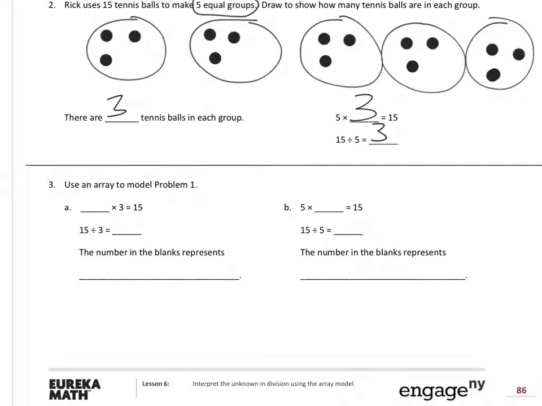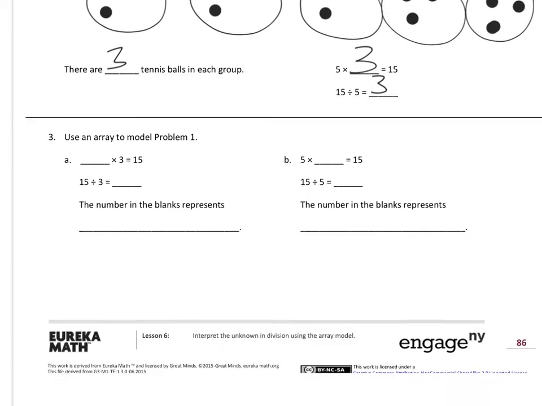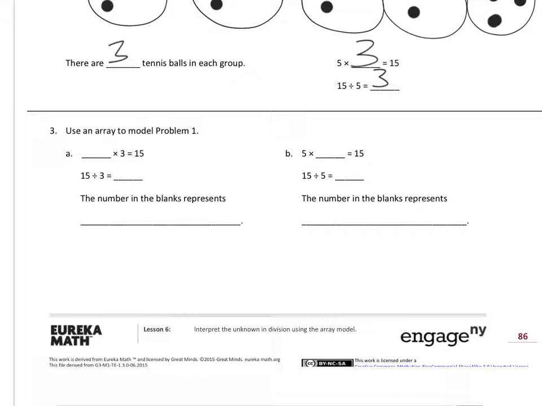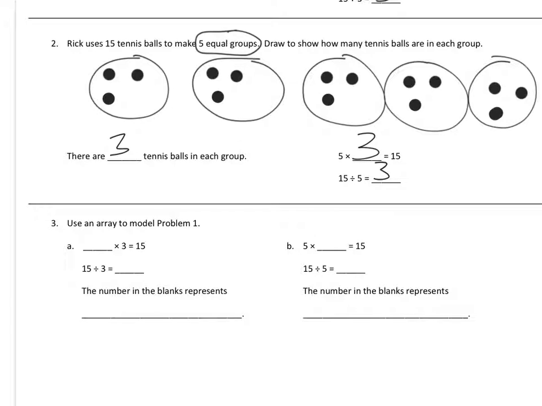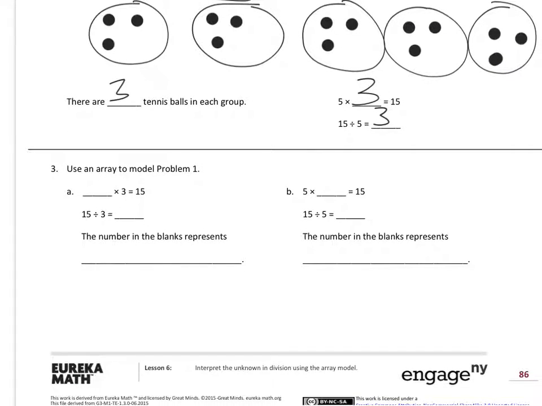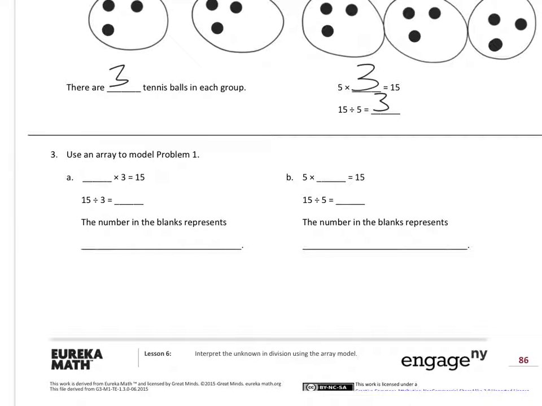Number 3 says to use an array model to solve problem number 1. So letter A is going to take us back to the first part of problem 1. And then letter B is going to show us problem number 2. Alright, so for problem A, we have blank times 3 equals 15.